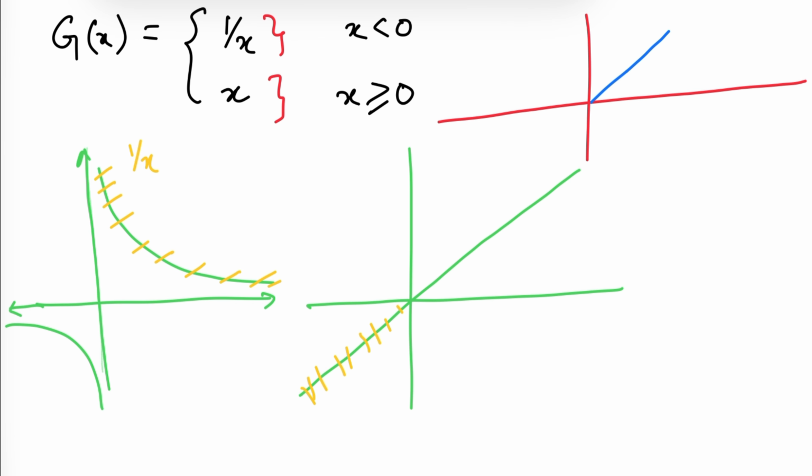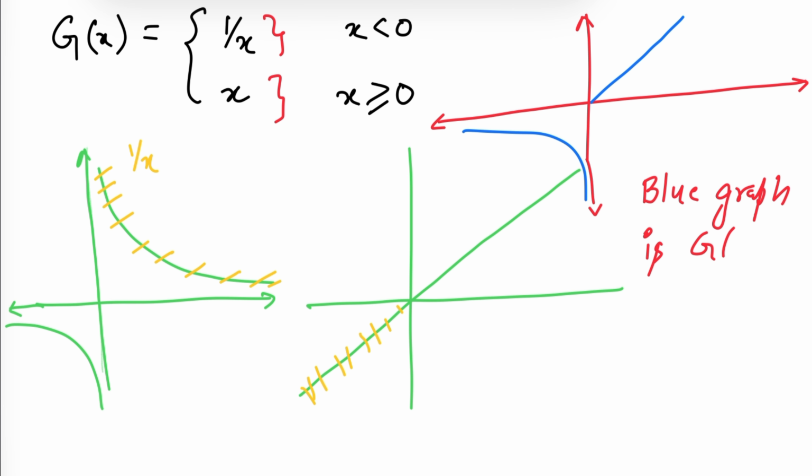So now for x greater than or equal to 0, it will be simply x, and for less than 0 we'll have the graph which will look like this. So this is how the blue graph is g of x. Okay, thank you.